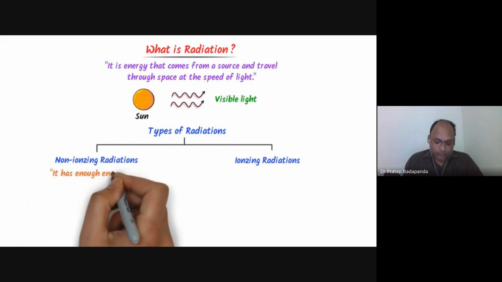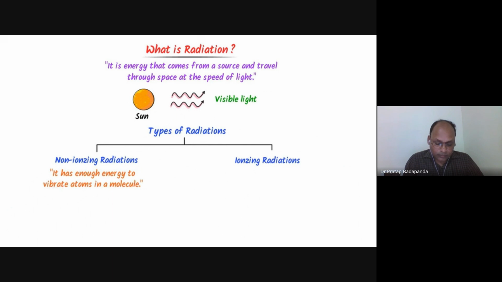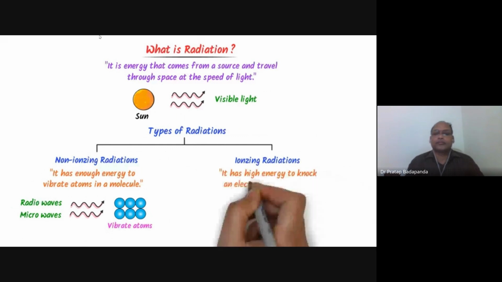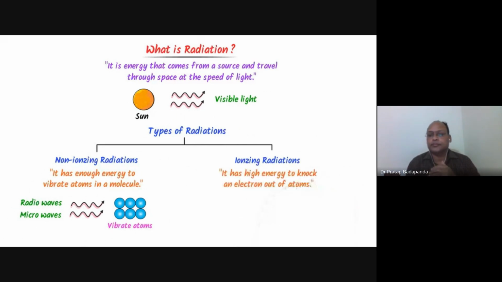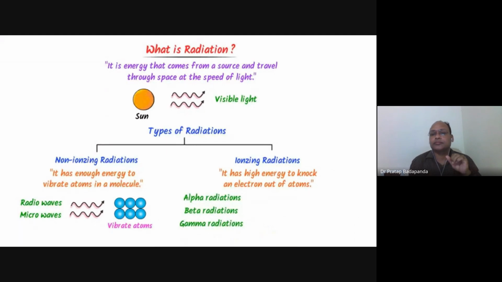Non-ionizing radiation has enough energy to vibrate atoms in a molecule. For example, radio waves and microwaves are non-ionizing radiations. Ionizing radiation has high energy to knock electrons out of atoms. For example, alpha radiation, beta radiation, and gamma radiation are ionizing radiations.